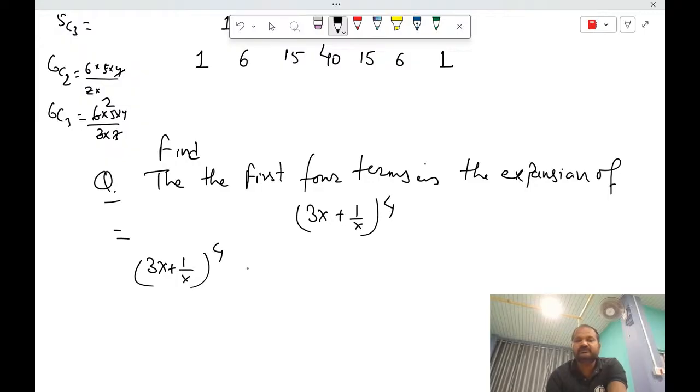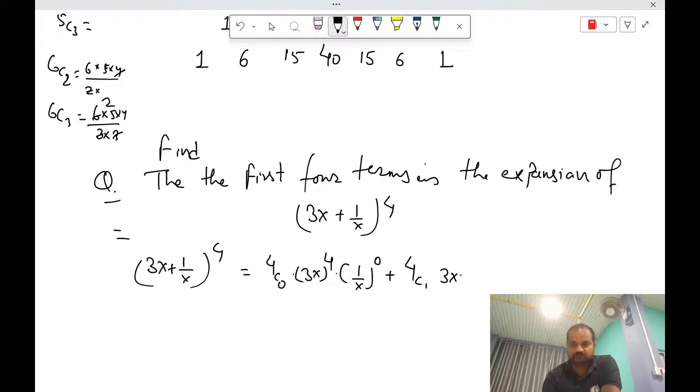It can be expanded using the formula of a plus b whole to the power n. The first term is 4c0 into 3x to the power 4 minus 0, that is 4, and 1 by x whole to the power 0. The second term will be 4c1, 3x to the power 4 minus 1, that is 3, and 1 by x to the power 1.